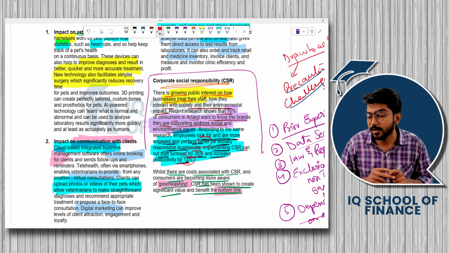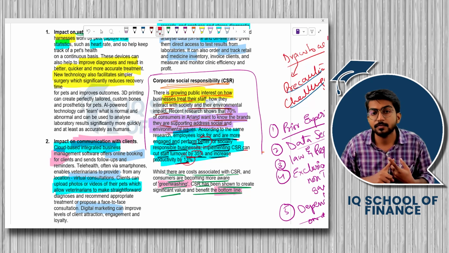Sneha, copy paste this from the exhibit. According to some research, employees look for far more. So what will happen? It will increase their efficiency, it will increase their motivation, and it will reduce the staff turnover by 35%, and it will also increase productivity by 13%.